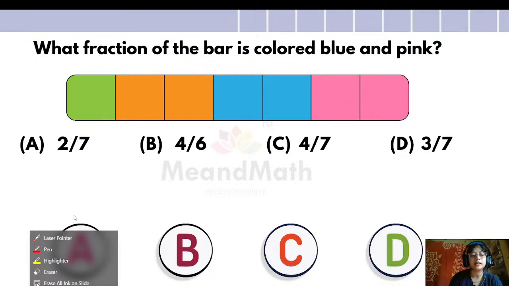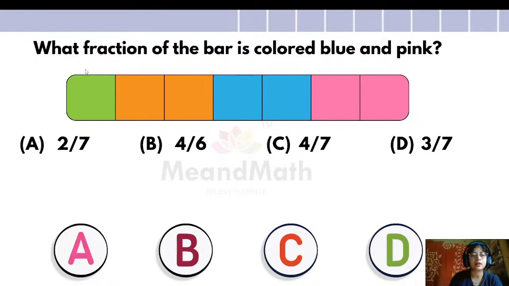Let us check: 1, 2, 3, 4, 5, 6, and 7. This bar is divided into 7 parts, so 7 has to be the denominator, the number which comes below. Now let's check which of the options have 7 as the denominator.